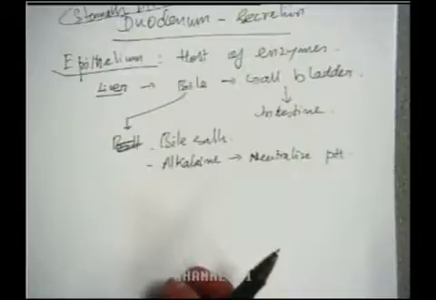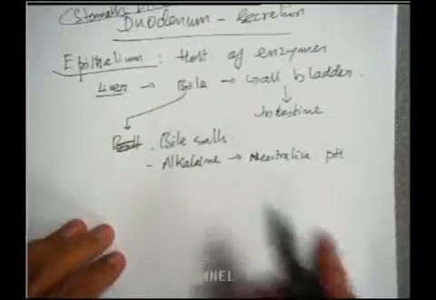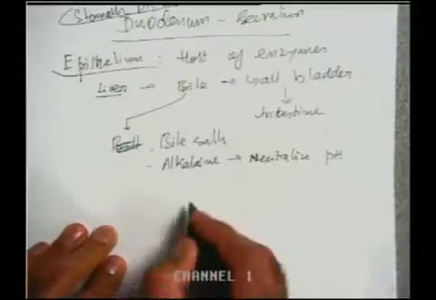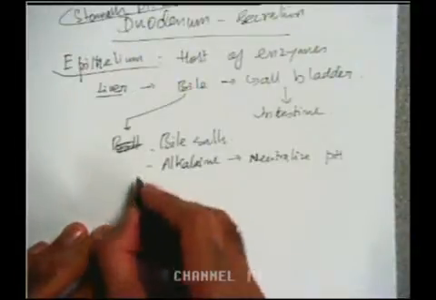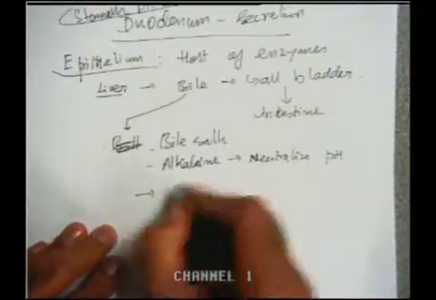Whenever digested food enters the duodenum, it is neutralized with the bile. Then you have an alkaline, neutralized pH, and the bile also produces the bile salts.